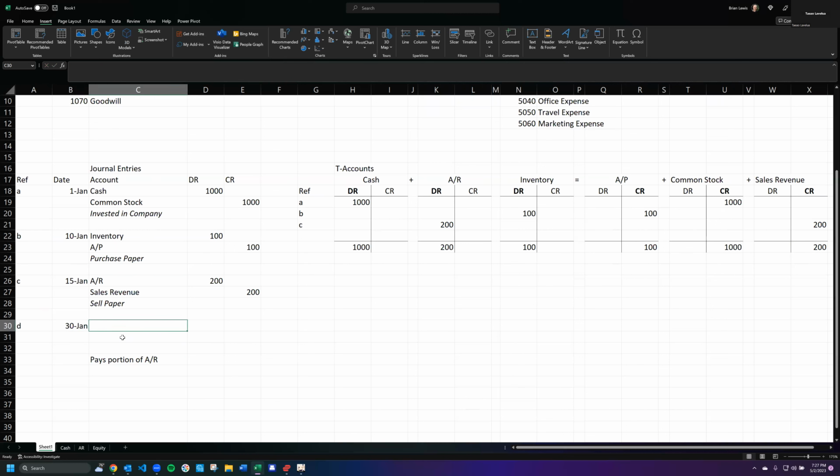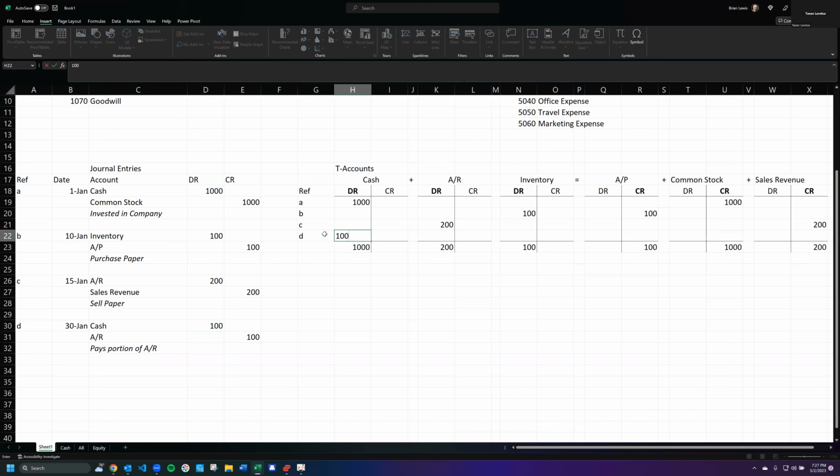It's going to come into cash and accounts receivable. Let's say you only pay $100. Okay, so those are a series of journal entries that now find their way to a trial balance.